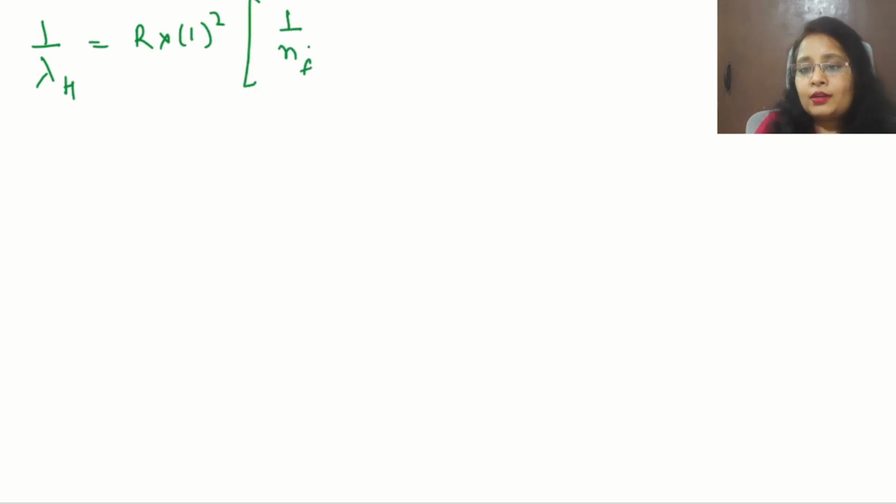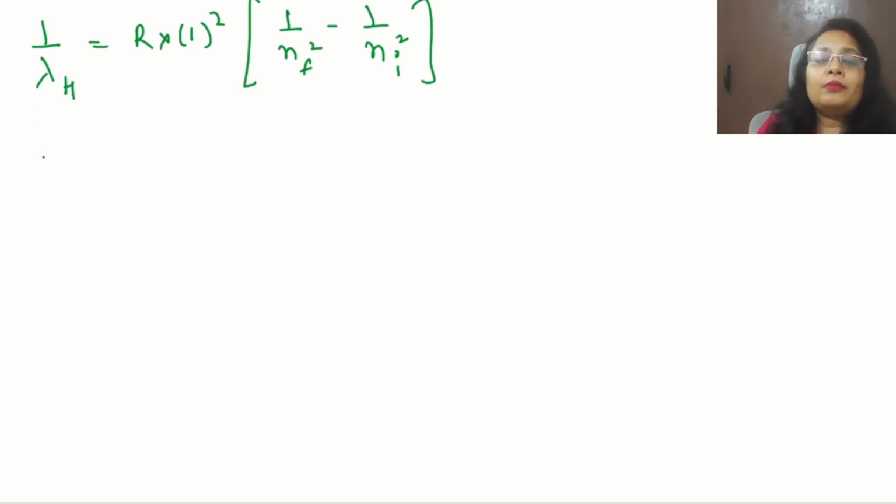For 1 upon lambda hydrogen, it will be R into Z square, and for hydrogen Z is 1, so 1 square, times 1 upon n final square minus 1 upon n initial square. Now, as we know, 1 upon lambda He will be equal to 1 upon lambda hydrogen, so we can put the value of 1 upon lambda He here. It will be 3 by 4 R.